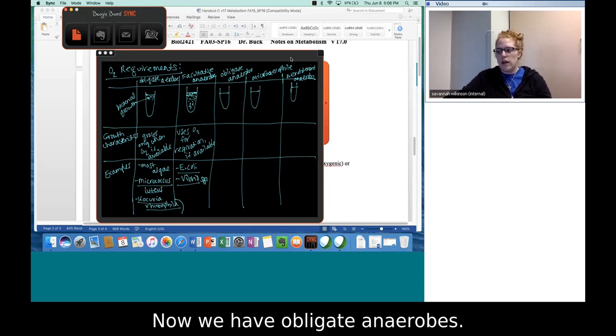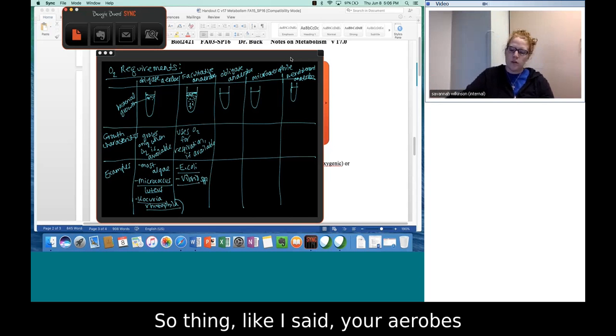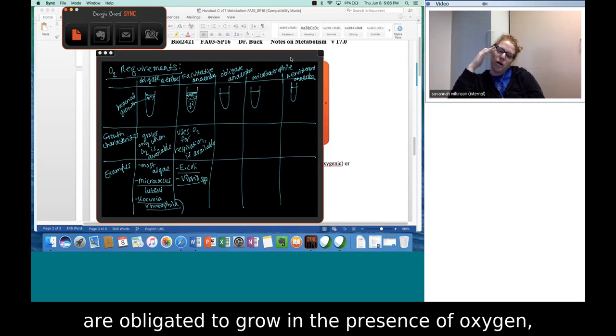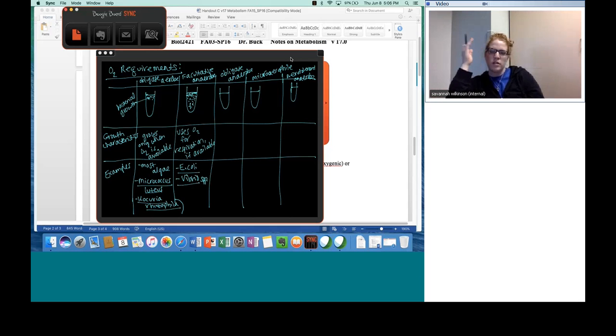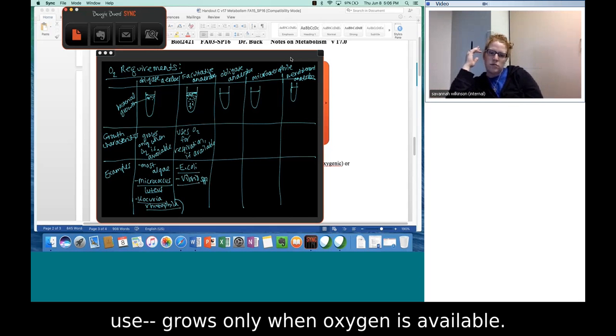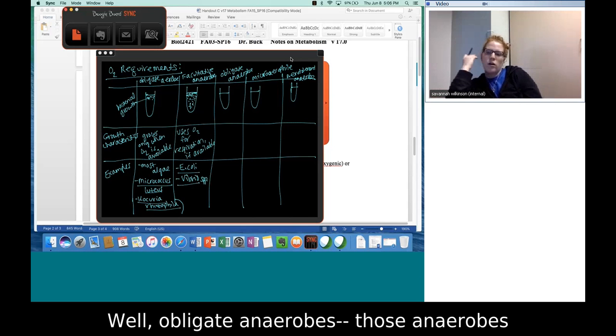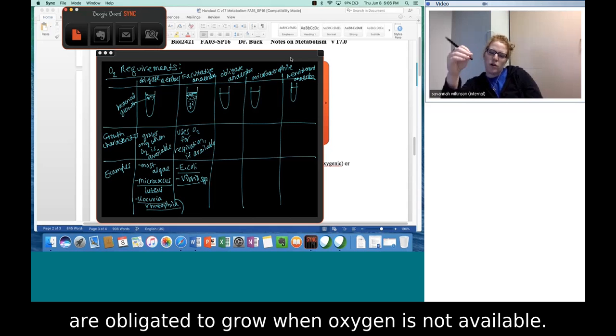Now we have obligate anaerobes. So think, like I said, all your aerobes are obligated to grow in the presence of oxygen, grows only when oxygen is available. Well, obligate anaerobes are obligated to grow when oxygen is not available.